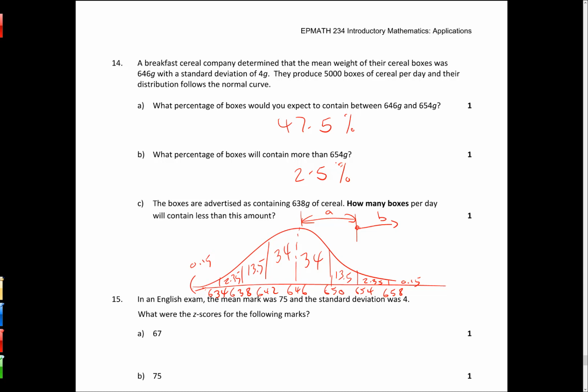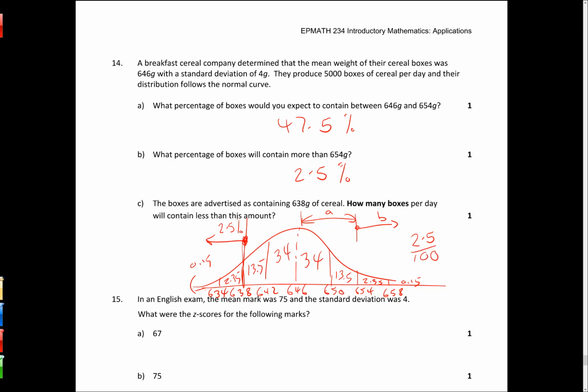The next one talks about they're trying to guarantee 638 grams of cereal. So it's here. And if it's less than this amount, that's what we're being asked. How many people are going to get ripped off? Well, I can see it's 2.5%. It's symmetrical to the other answer we got, but it says how many boxes. So it's 2.5% of what? Well, 2.5% means 2.5 per 100.